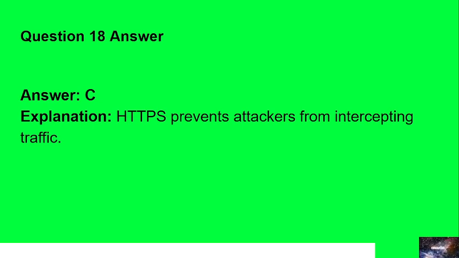But if the client side sends the request in plain text, as in the case of the HTTP protocol, then the attacker can easily intercept and read the requests from the clients.